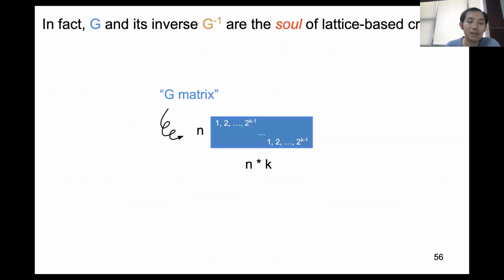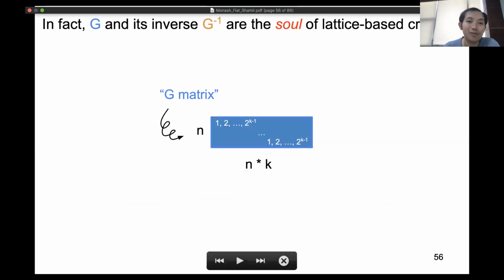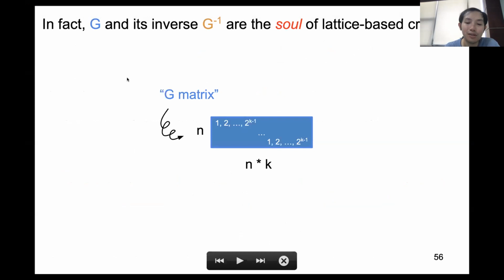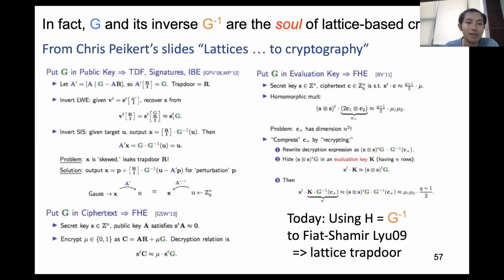And here I would also like to say that using G inverse in many places is the core of lattice-based cryptography. In a slide of Chris Peikert on lattice cryptography, he pointed out that by putting G in different places, you get different features of all the fancy techniques of lattice-based cryptography. For example, if you put the G in the public key, you get the trapdoor function, like what I said.